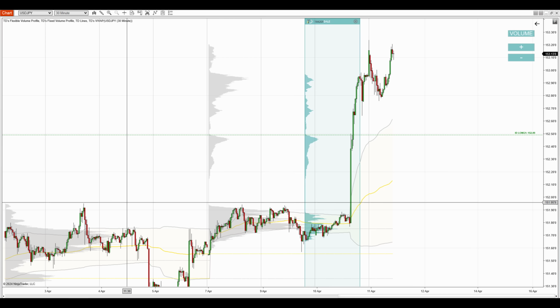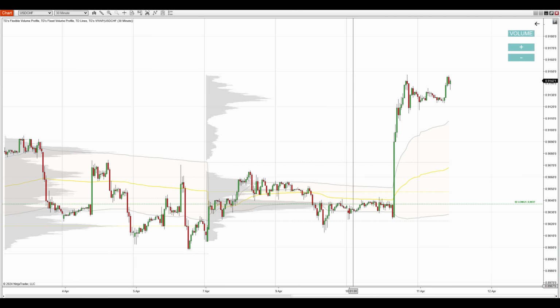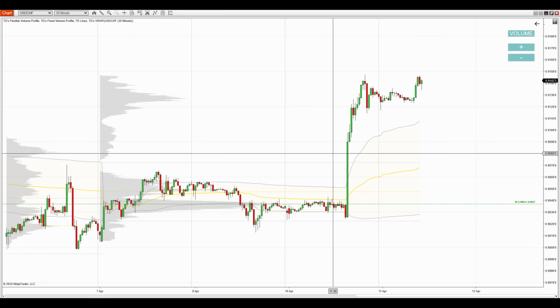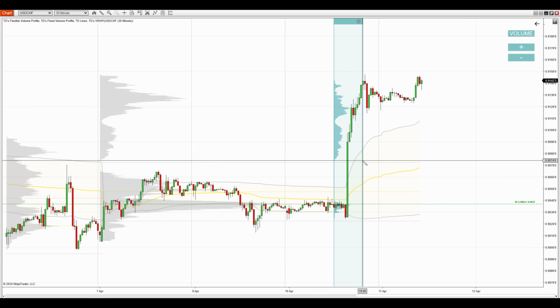Another one is on the US dollar Swiss franc. In here, we also had a strong trend day. And if you use the volume profile over the trend, then towards the end of the day, there's this significant volume cluster. Volatility calms down, there's a pullback, long from there.